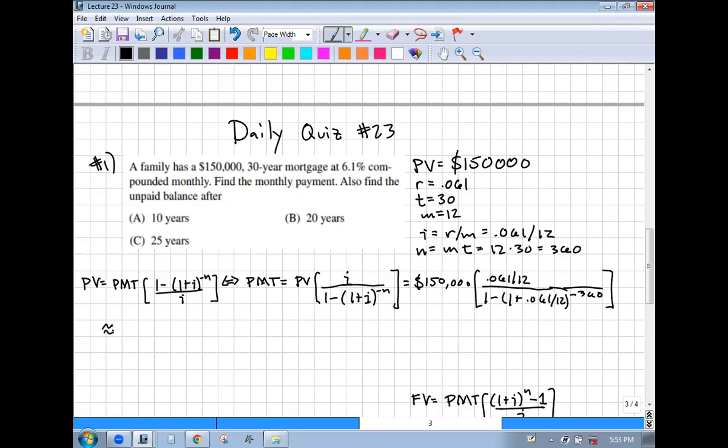Now I have to plug this into a calculator. I should have done this earlier. Let's see. Anybody else can check my work by plugging it into their calculator?